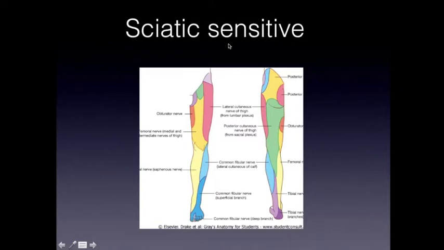This is the cutaneous sensitive area of the sciatic nerve, and mainly we have this cutaneous innervation that it blocks beneath the knee level. Then we have especially the posterior aspect of the calf, the foot, and fingers.